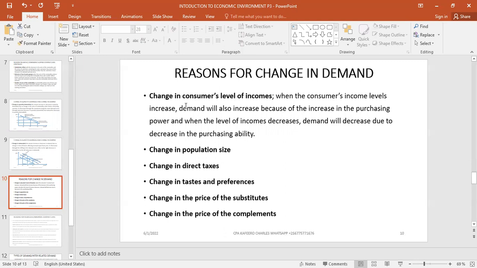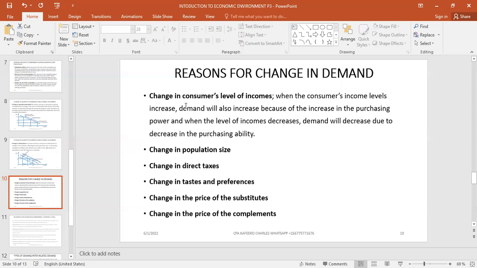Here we are saying the change in the consumer's level of income. When the consumer's income levels increase, then the demand will also increase, because the purchasing power will be high. I said you don't stop from giving the scenario in accordance with the law of demand, but you also give the exact reason what causes that.